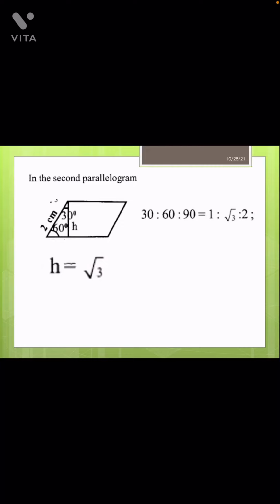So the sides are 1 proportional to root 3 proportional to 2. So here h will be root 3. So we can calculate the area as b into h, 4 multiplied by root 3, that is 4 root 3 centimeter square.